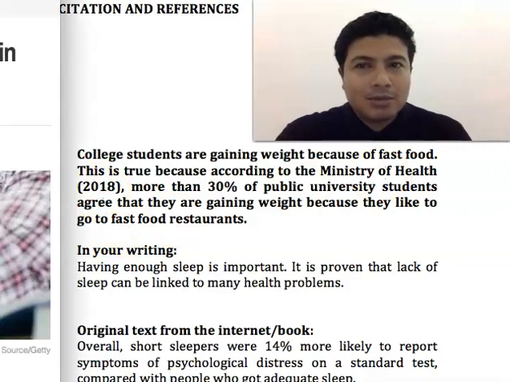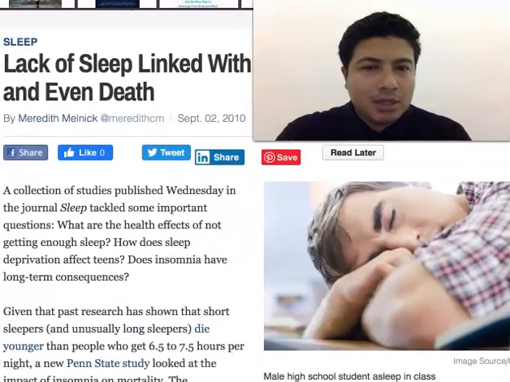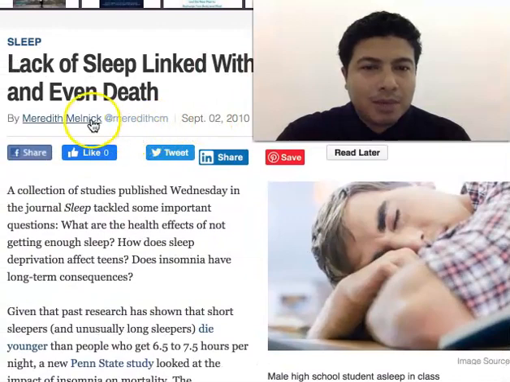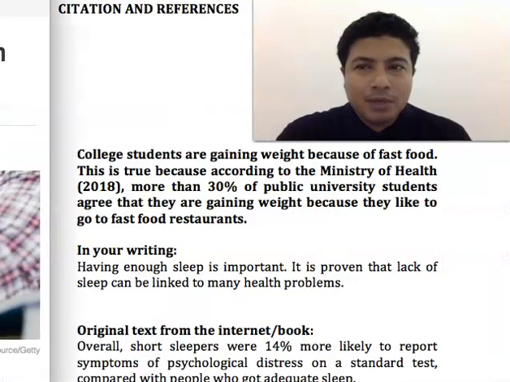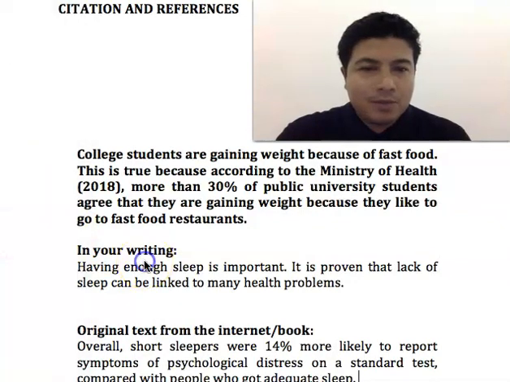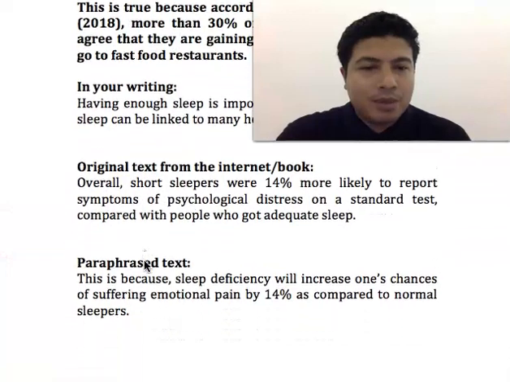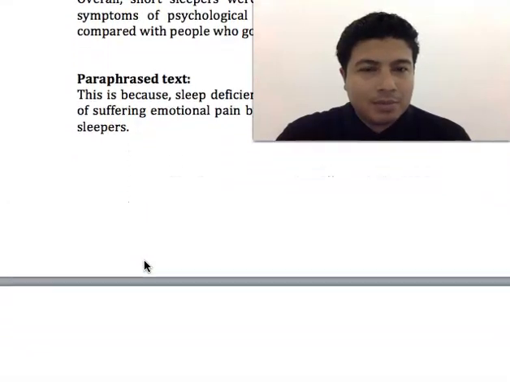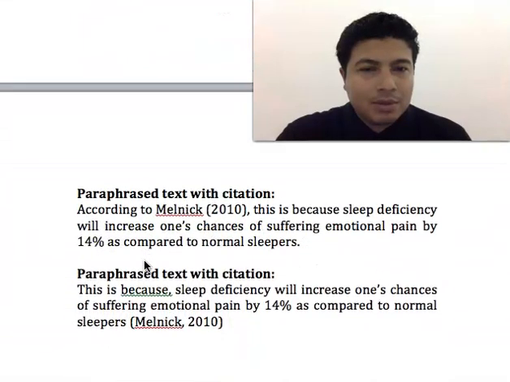And this article is written by Meredith Melnick from the year 2010. So what we do is we put the citation. So we say, according to Melnick.